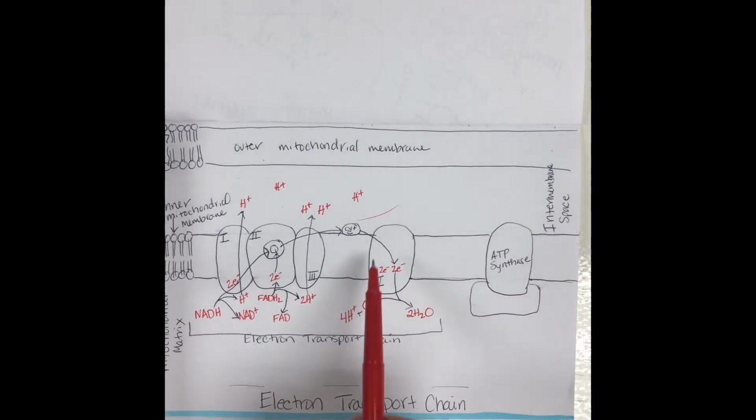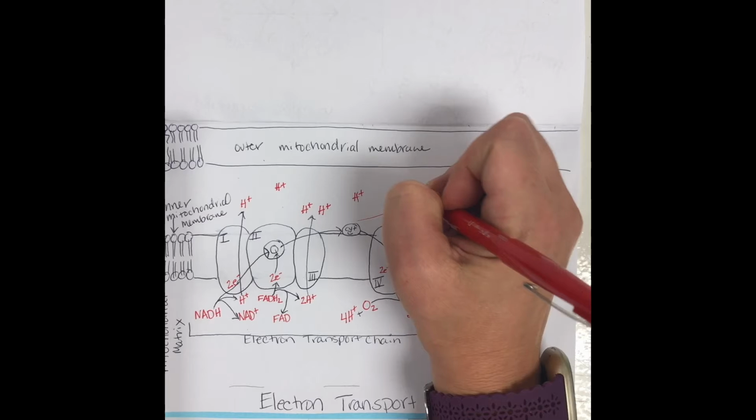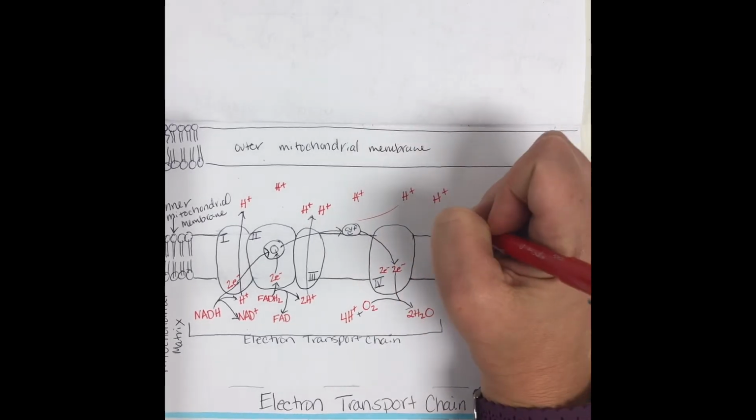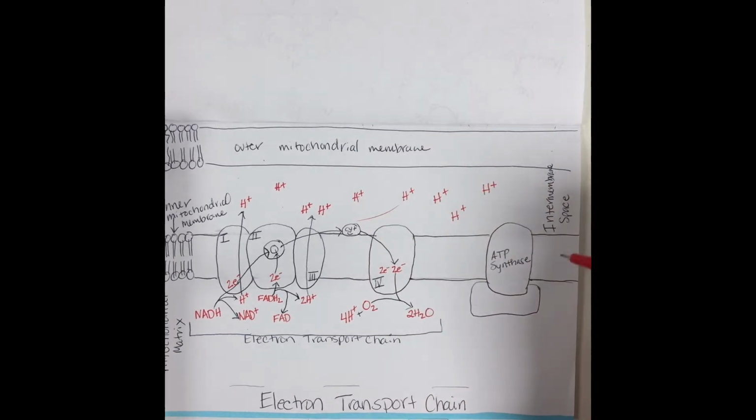As the electrons move down the electron transport chain, we end up with a buildup of hydrogen ions. Okay? Remember that this is a very, very narrow space, so we're quickly coming out of homeostasis. So that's going to trigger our ATP synthase.